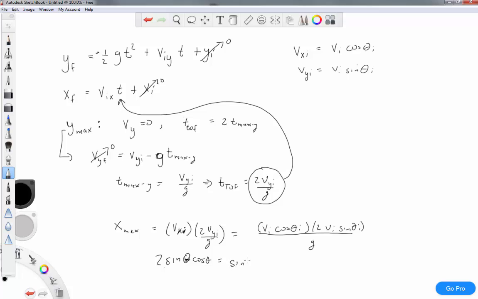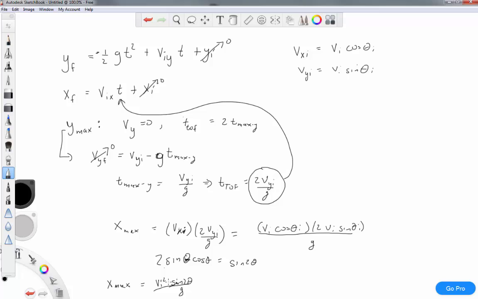And so if we do that, we see we have a sine theta and a cosine theta and a 2 here. What we end up getting is that the maximum range can be simplified to v i squared times sine of 2 theta divided by g. And so that's where that equation is coming from.